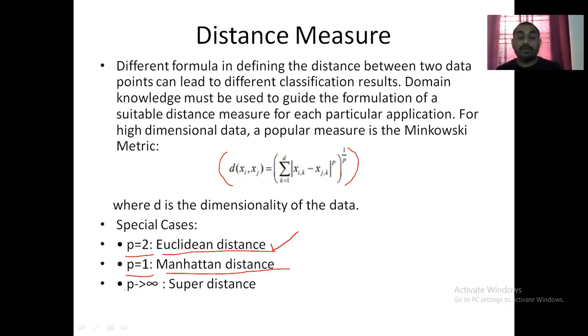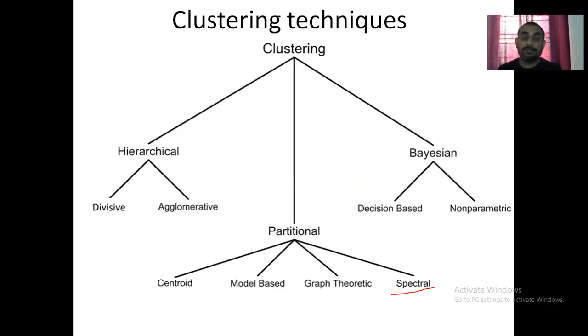And when p tends to infinity, that is called the supremum distance. So based on the value of p, we get different kinds of distances.